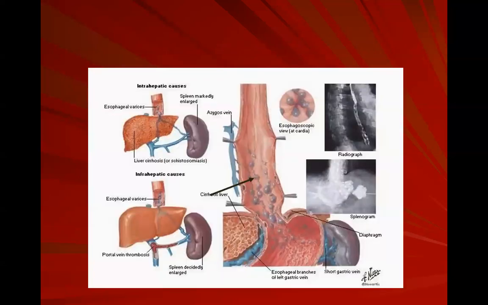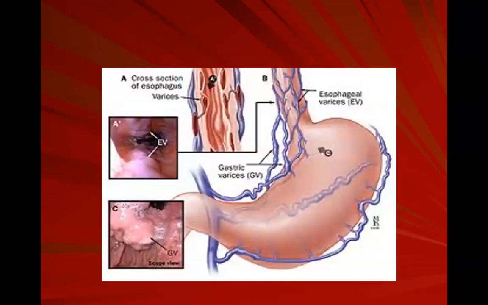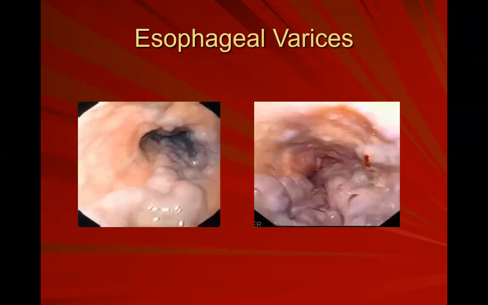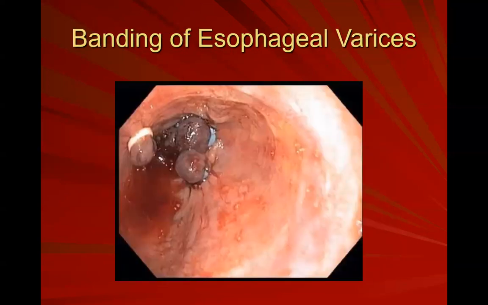So these are images of the varices. It can be visible in the upper GI endoscopy as dilated veins in the submucosa, as you can see over here. And one of the management options, so here you can see the endoscopic images, okay? They can also go into the endoscopy and band these varices.